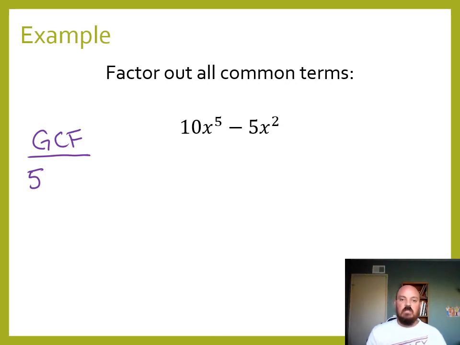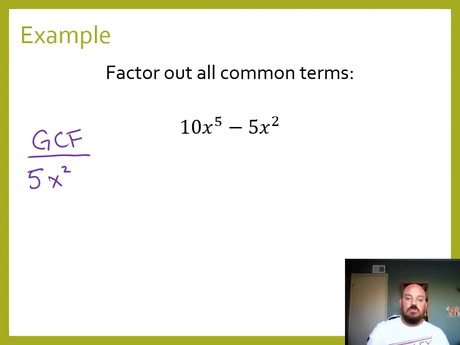The biggest number that you can divide both 10 and 5 by is 5. Now for the x's, I have an x to the fifth and an x squared. So remember our little shortcut, always the lower exponent. That would be x squared. So the greatest common factor of 10x to the fifth and 5x squared is 5x squared.